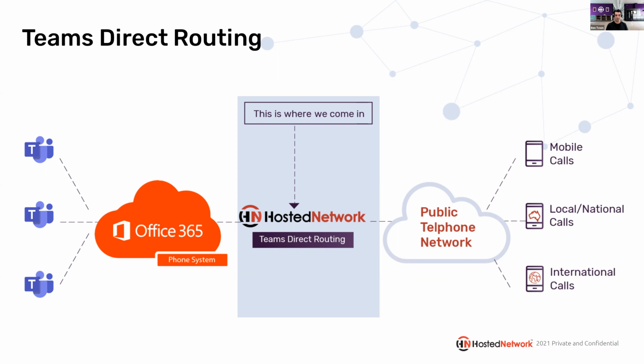So we do all the talking to Microsoft. We've got all the redundant links into Microsoft. We can port your existing phone numbers in the same way. You can just use Microsoft Teams as your phone system. You support all the Teams piece of that, so we don't touch that. We just facilitate the SIP trunk.